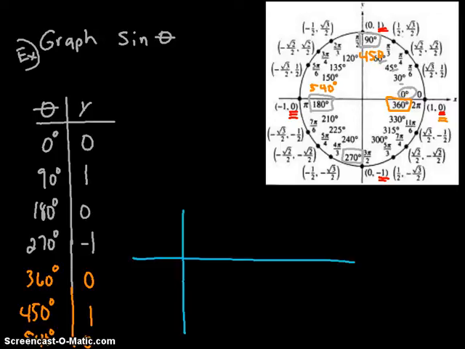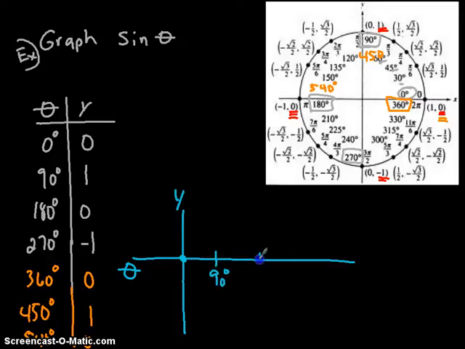So we're going to come with the graph by starting with the y-axis. This would be my y-axis, the vertical one. And instead of being x, it's going to be theta. So all the numbers along this axis where x used to be are going to be the values of theta, because we replaced x with theta. So the first number is 0. The next number is 90 degrees.